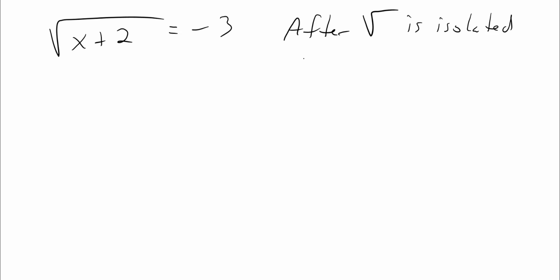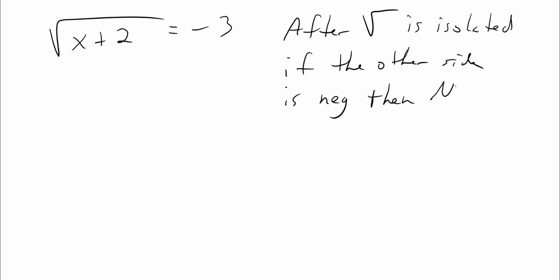After the square root is isolated, if the other side is negative, then no solution. Okay? So this is the square root of x plus 2 equals -3. And again, you're going to say no solution.